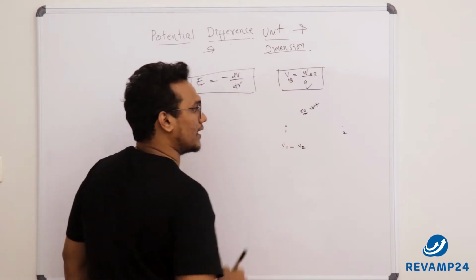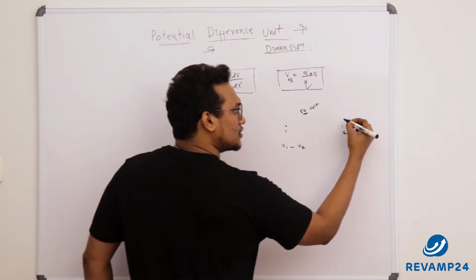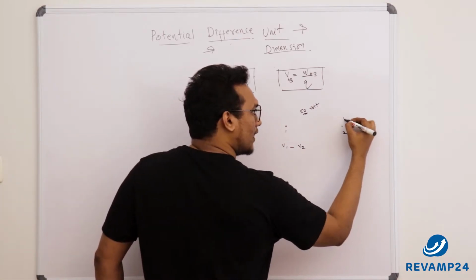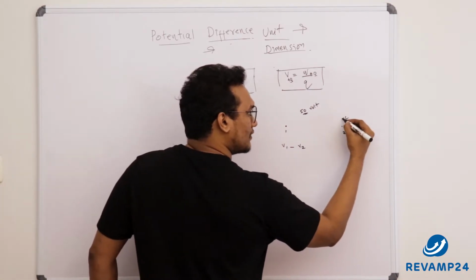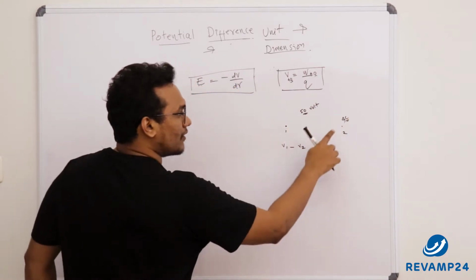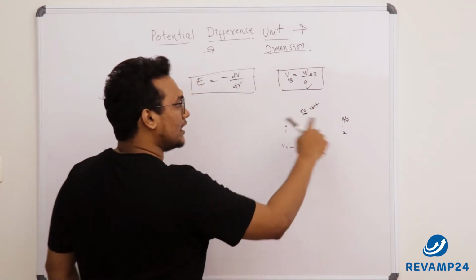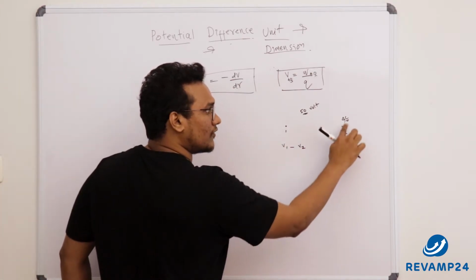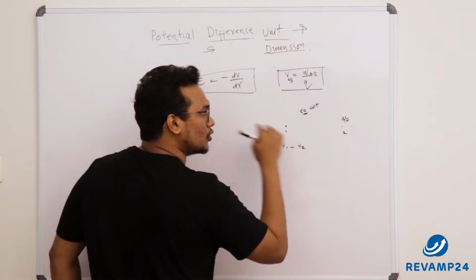Now, how much energy should I spend in bringing 1 coulomb, or let's say 4 coulomb, from 2 to 1, or how much work should I do in bringing a charge of 4 coulomb from 2 to 1?